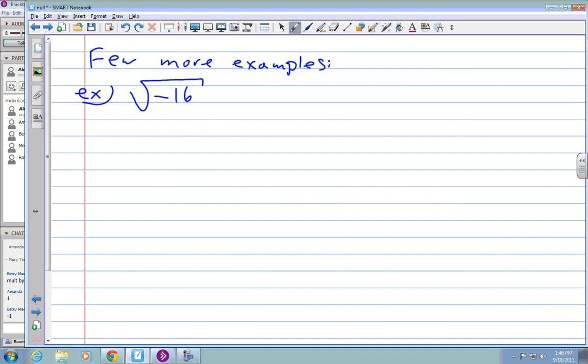But I can simplify that expression because now I know how to take the square root of 16. That's 4. And I also know how to take the square root of negative 1, which is i. So square root of negative 16 is just 4i. I'm taking the square root of 16, that's 4, and I'm taking the square root of negative 1, that's i.